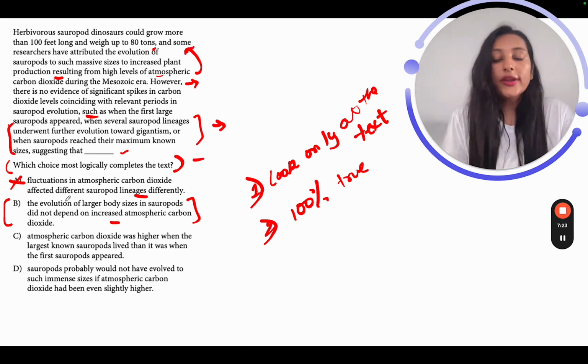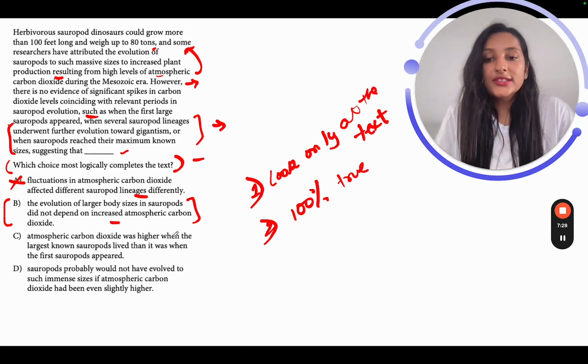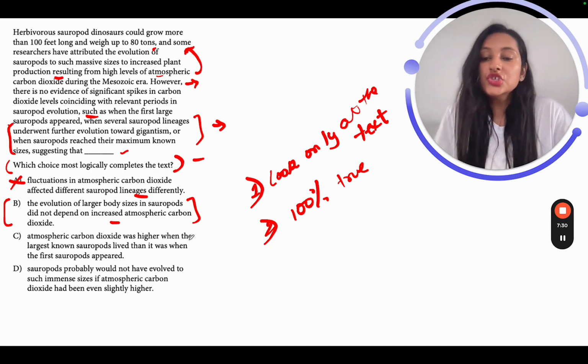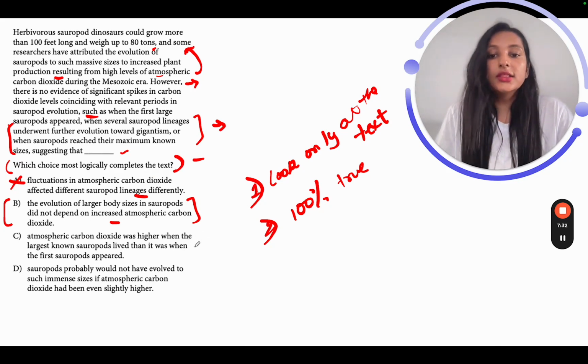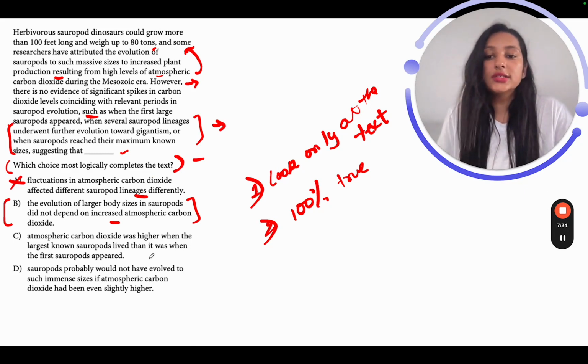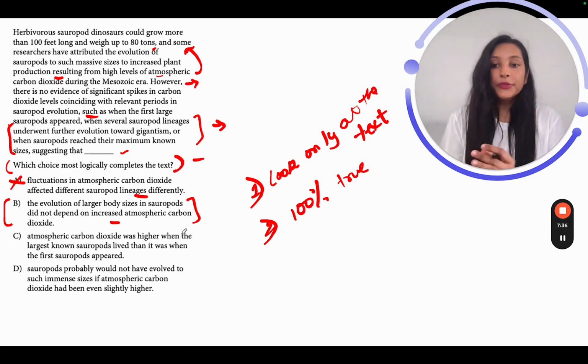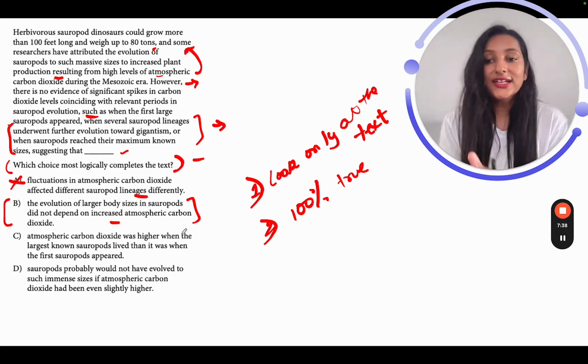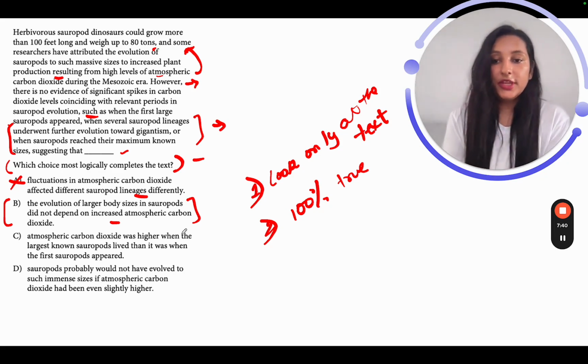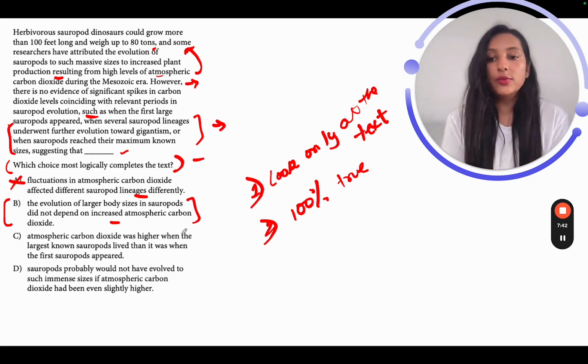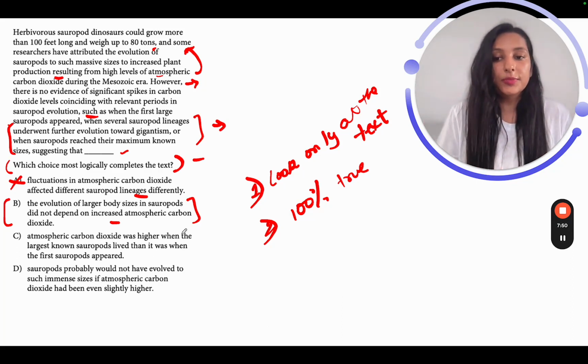I will still go ahead and eliminate the rest of the options. Look at C. Atmospheric carbon dioxide was higher when the largest known S's lived than it was when the first S's appeared. Now this is simply comparing the carbon dioxide levels during two different periods, right? So when they first appeared and when they became the largest. I'm not trying to compare the carbon dioxide levels in two different periods.